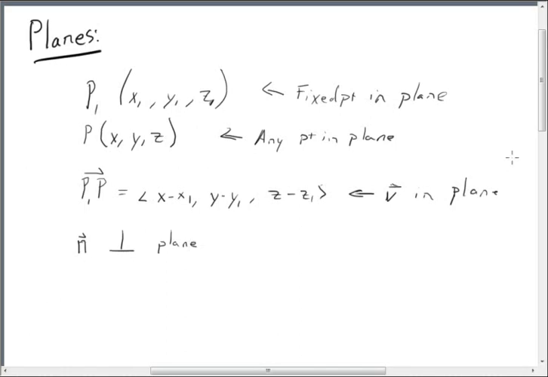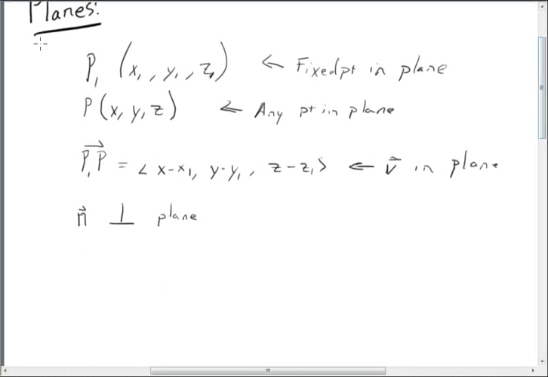So this will basically describe all the points in a three-dimensional space that are in a plane. It's going to look somewhat like this. In our three dimensions, we have a plane.